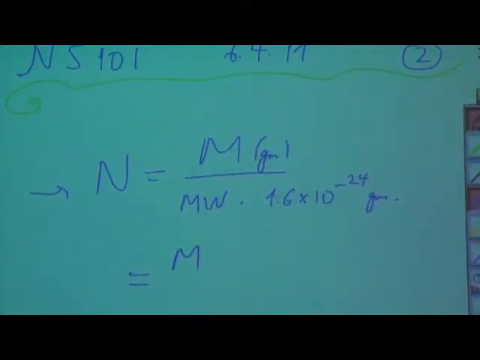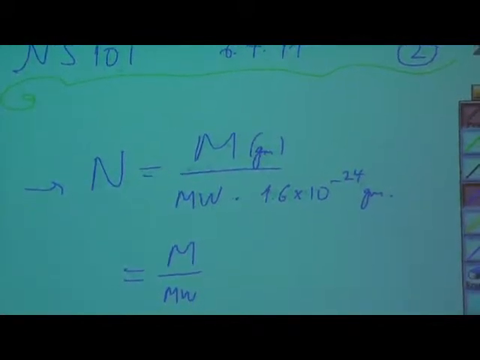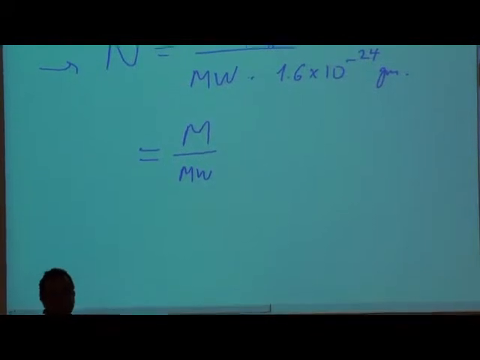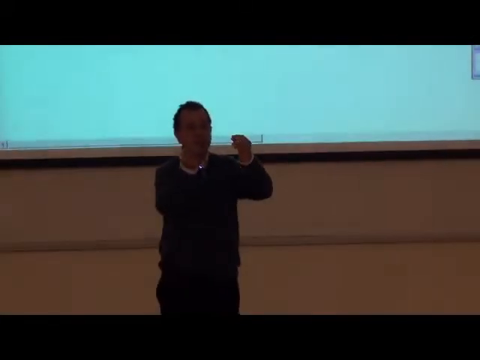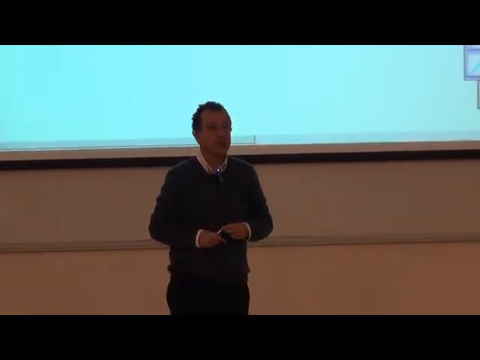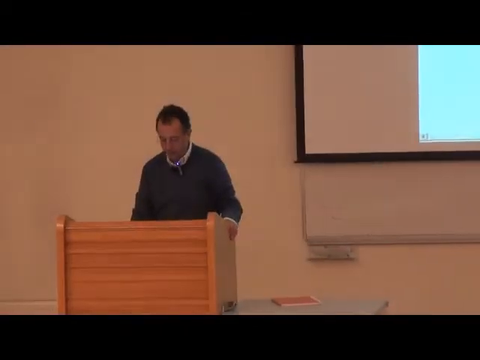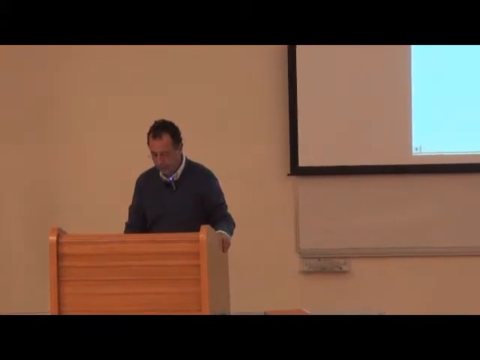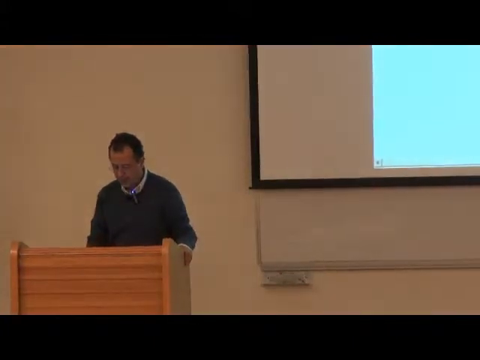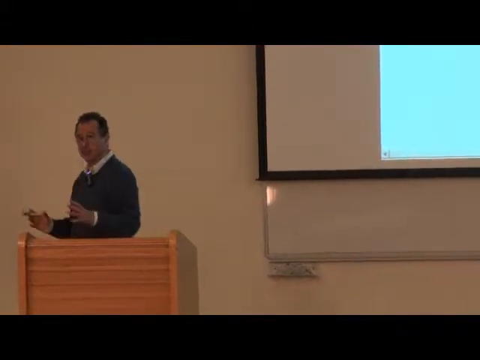You just take the mass in grams divided by the molecular weight, and you have a number there which is 1 over 1.6 times 10 to the minus 24. What is that number? How many little hydrogen atoms will make up together 1 gram? If you divide 1 by 1.6 times 10 to the minus 24, that gives you just a number, the number of hydrogen atoms that will altogether make up 1 gram.